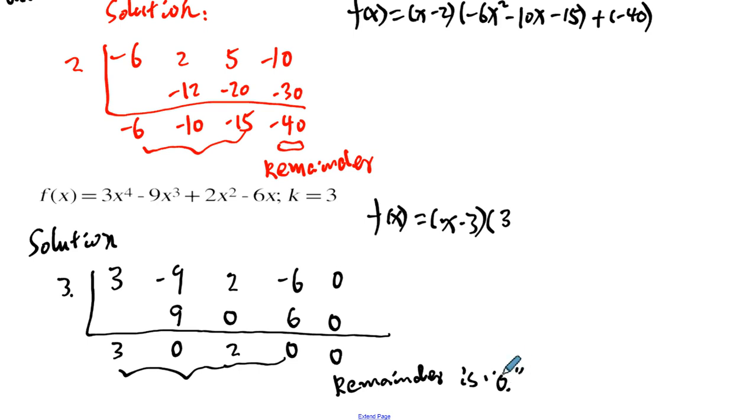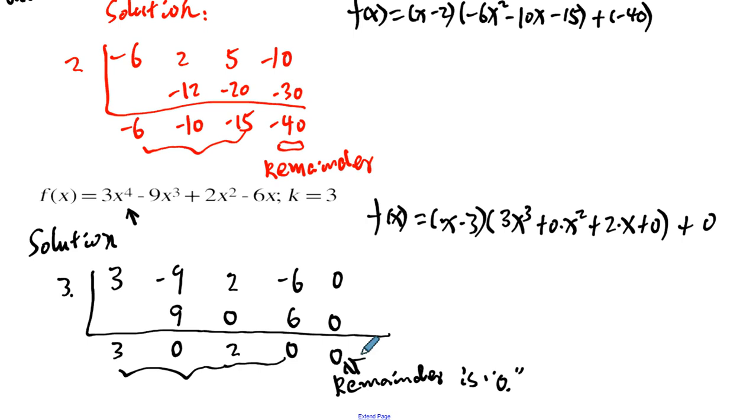Then you shall have here, it was x to the fourth, so here should be cubed for this one. And then you may write 0 times x squared, this is the coefficient, plus 2 times x for this one, plus 0. And then 0 is the remainder.